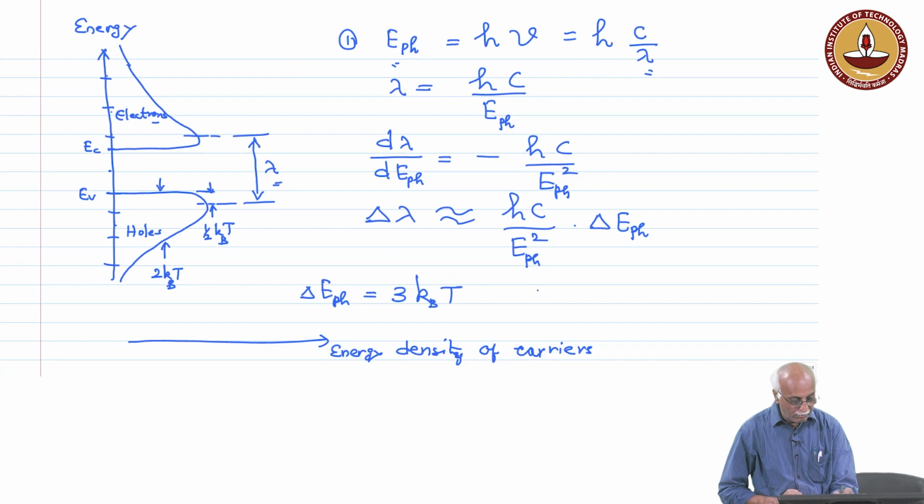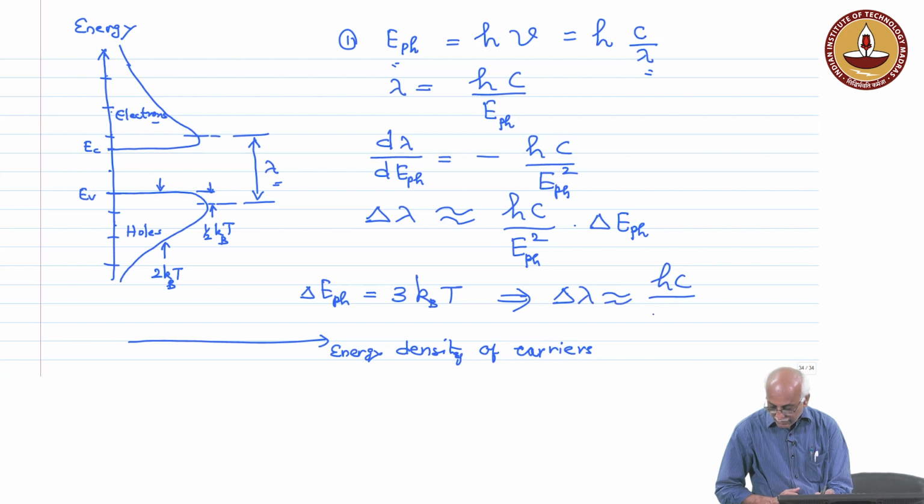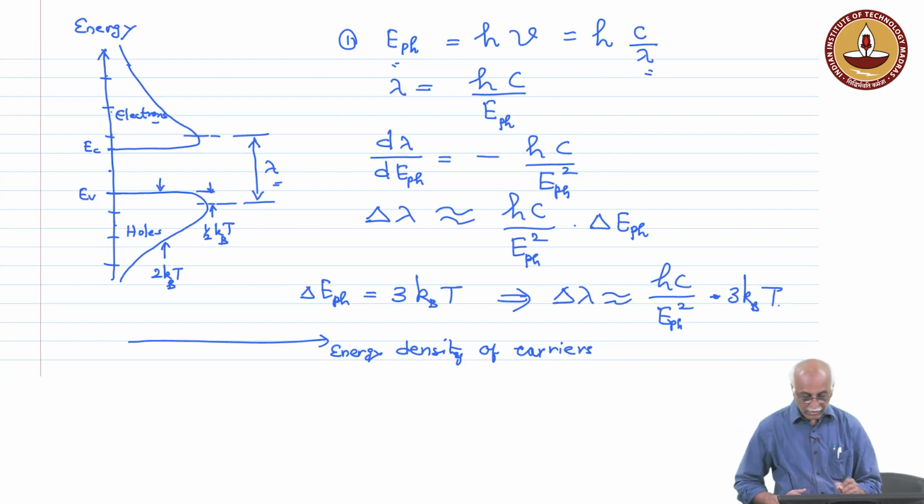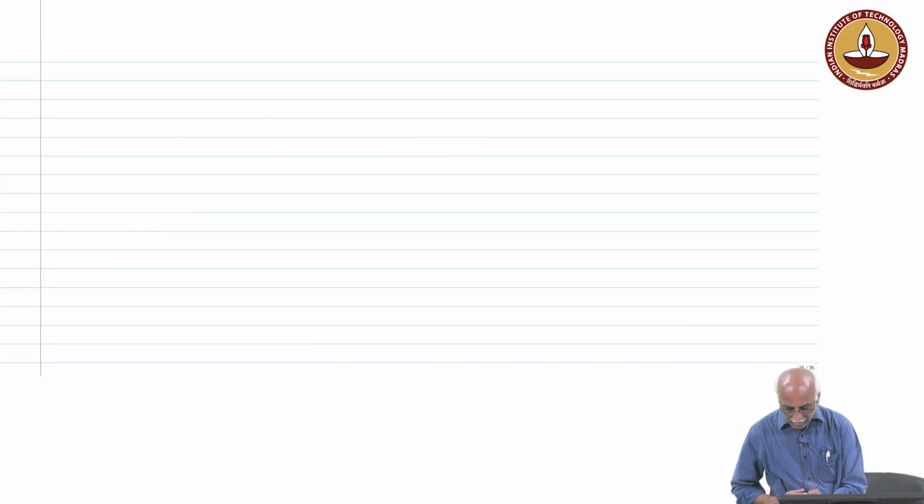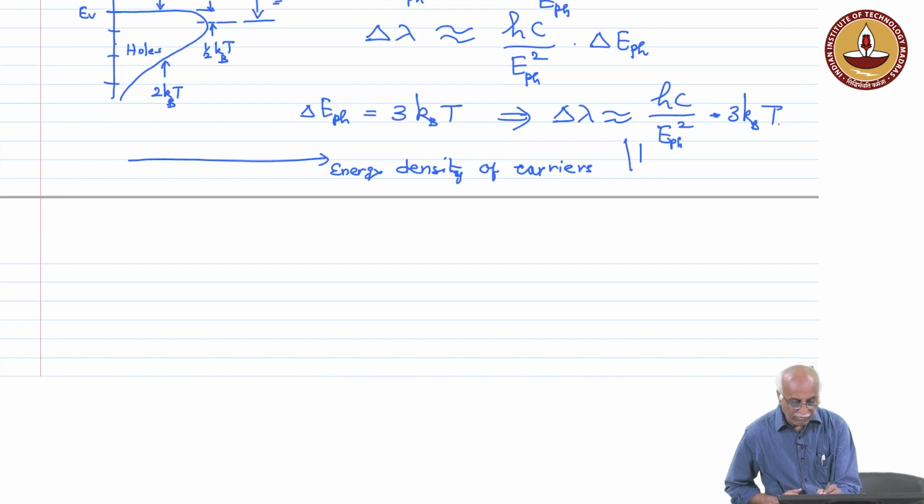So we can say that the spread delta lambda is h c by E_ph squared into delta E_ph, which is 3 k_B T. I'll simplify this further.